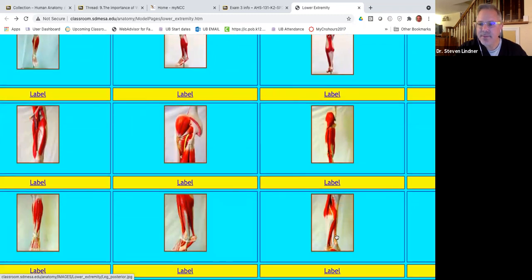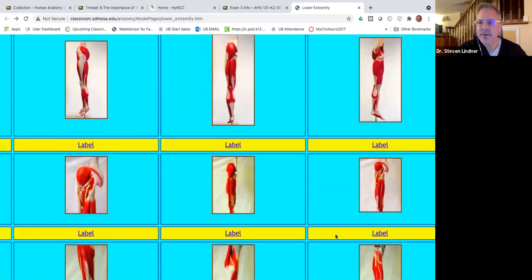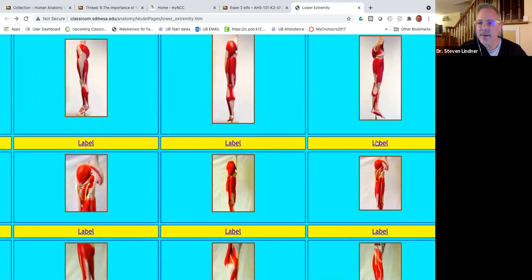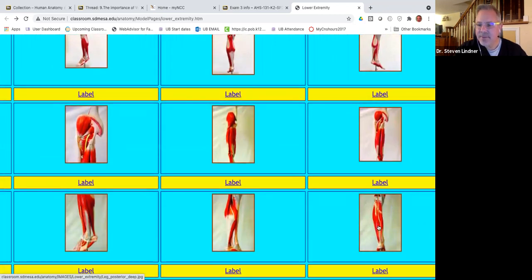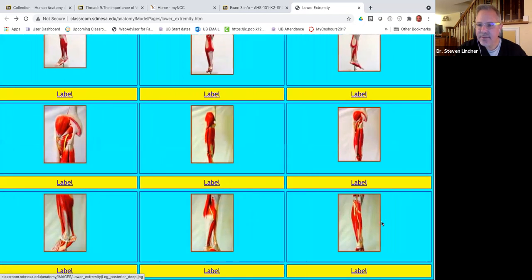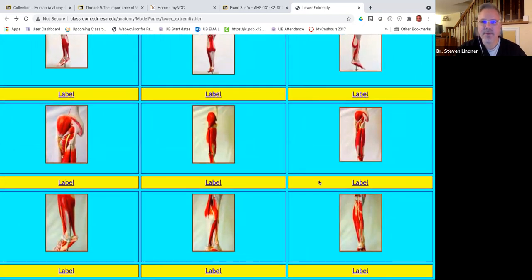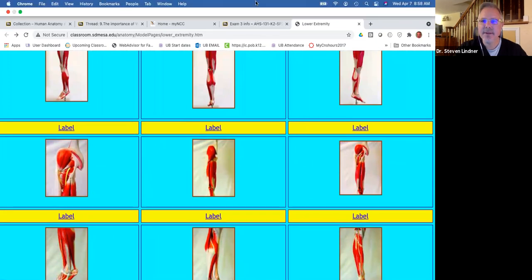We did the posterior leg here. We did the medial compartment. We showed you the posterior compartment with the gluteus maximus cut. And then we did the posterior leg as well. Great. We pretty much covered everything. Let me stop the recording here and see if we have any questions.